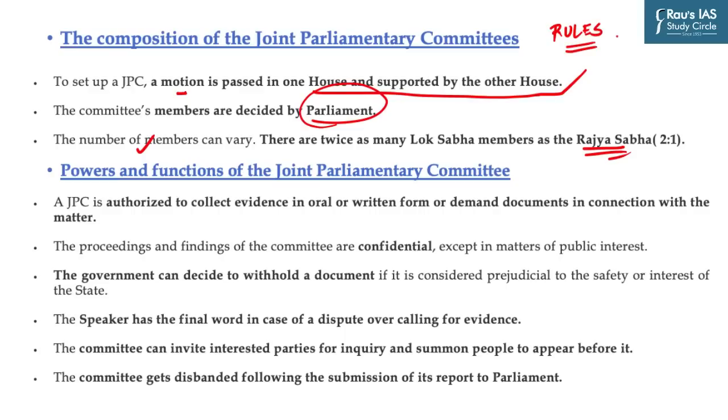Now, as the Joint Parliamentary Committee is not a permanent committee of the House and is formed on an ad hoc basis for specific cases, all the critical decisions regarding the rules of membership and conduct are decided by Parliament itself. And it has been seen that Joint Parliamentary Committees are usually formed under tremendous public pressure on serious financial issues.